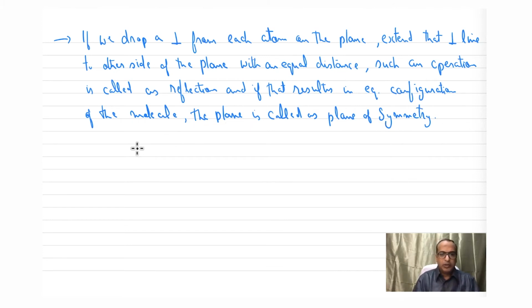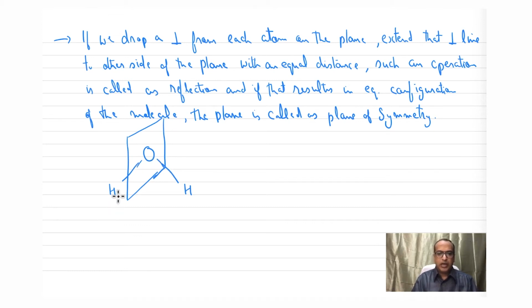Okay, so let us see a plane of symmetry. Let us try to see an example. If we have, let's say, a water molecule, and this is my plane of symmetry, which is perpendicular to the plane. If the water molecule is lying in the plane of this board, then the plane is perpendicular to the plane of the board. I'll also draw it in Cartesian format if that makes it easier.